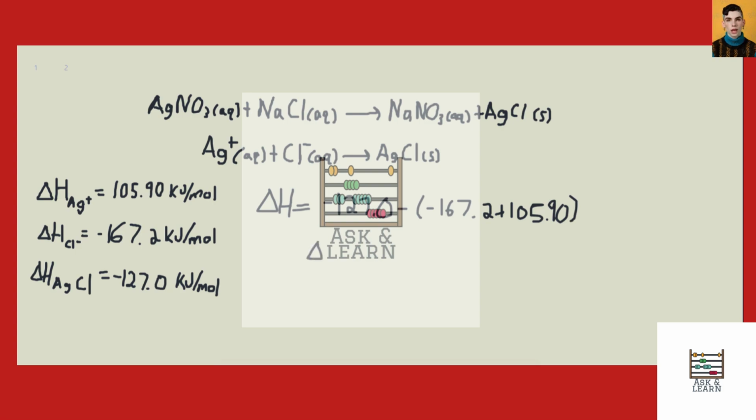Now we're going to put this into our calculators and get our delta H value. That's negative 65.7 kilojoules per mole.